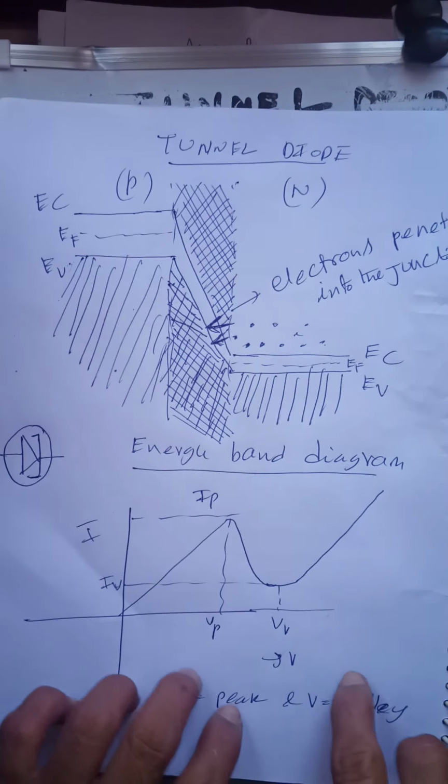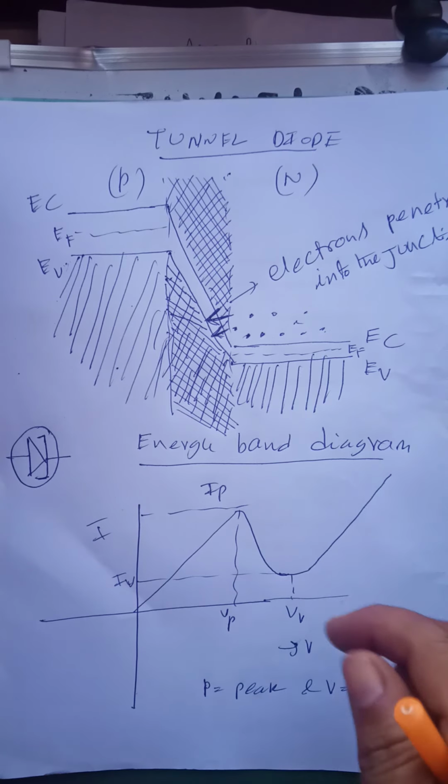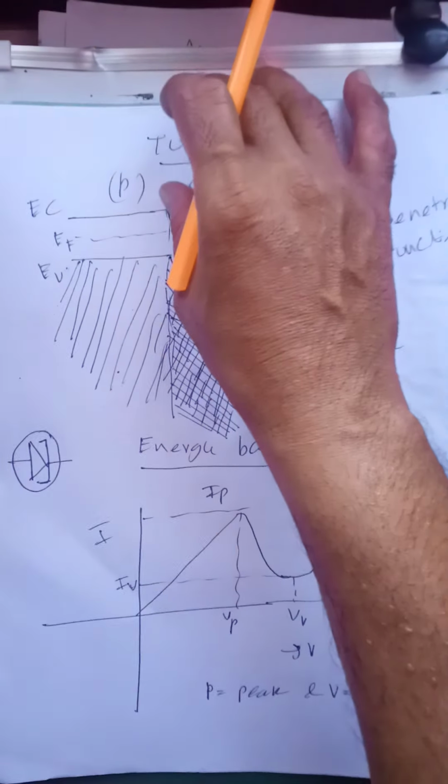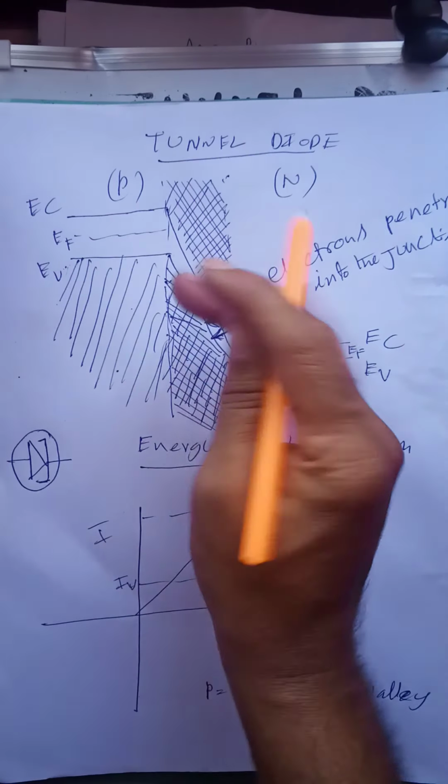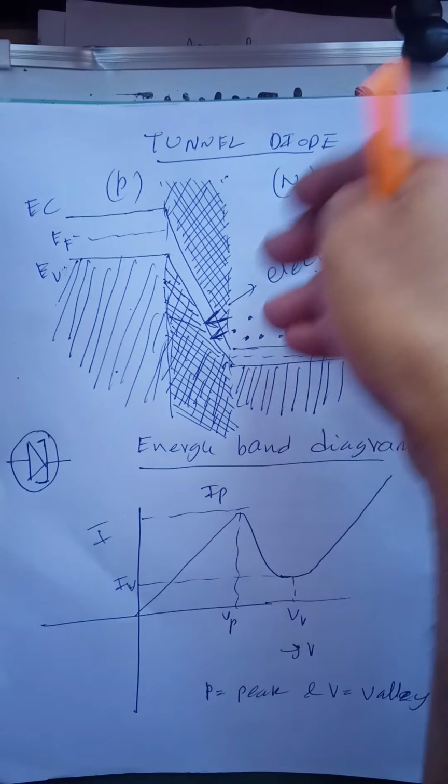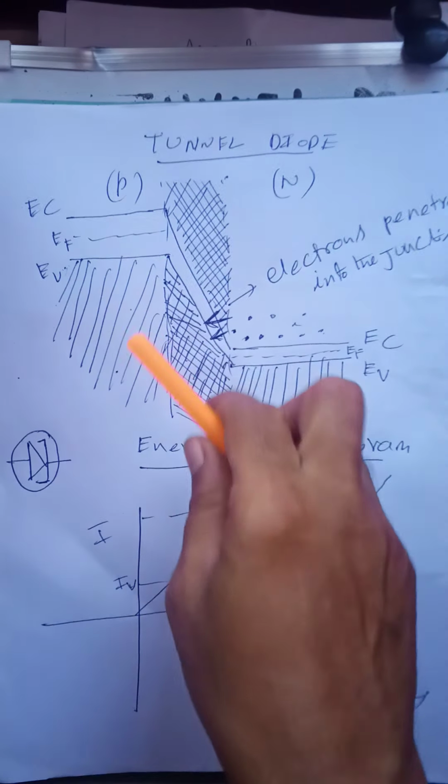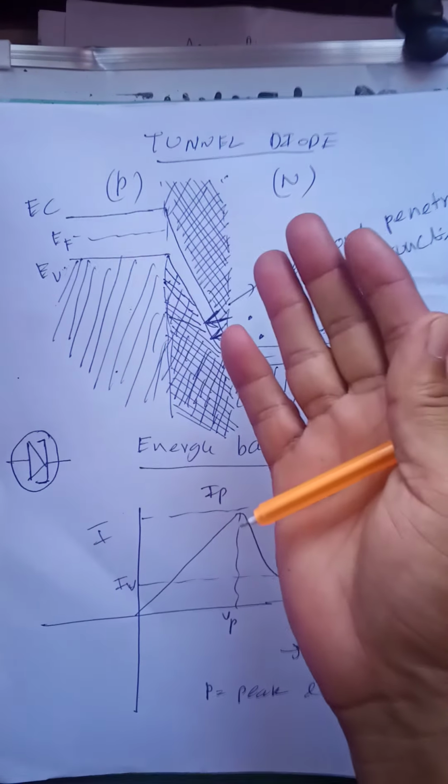But if you observe in the case of the tunnel diode, what will happen? In the tunnel diode, as the concentration increases, it is a very high concentration.